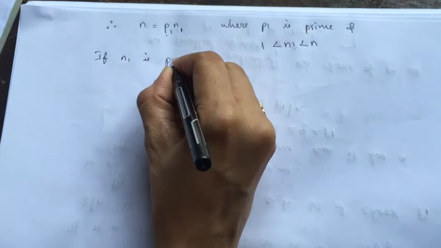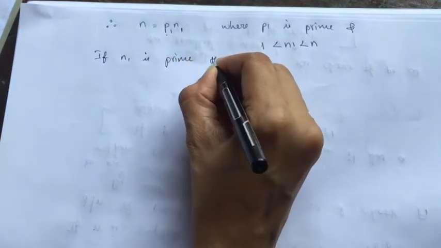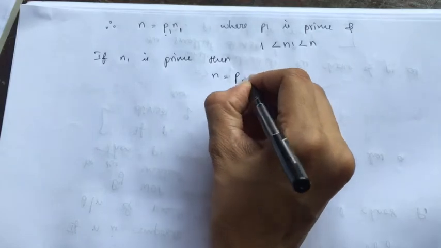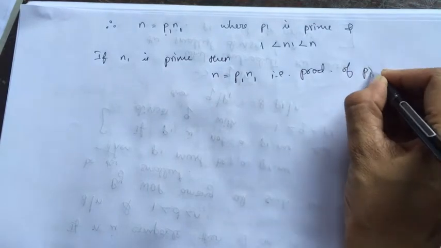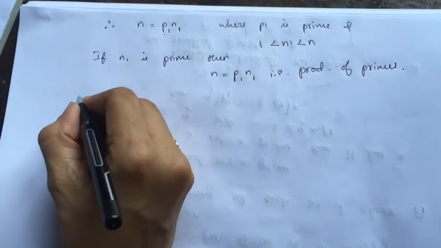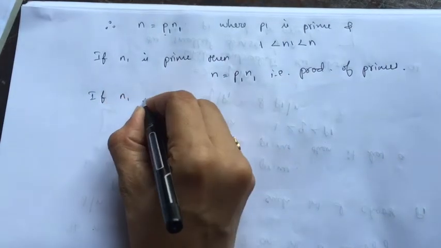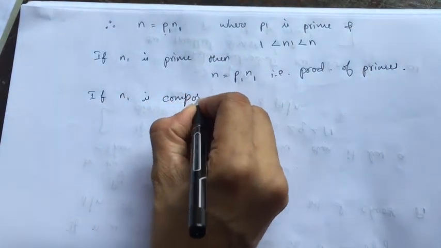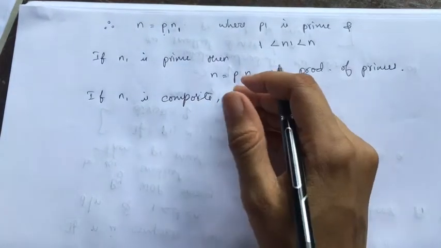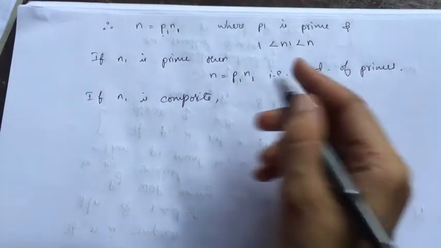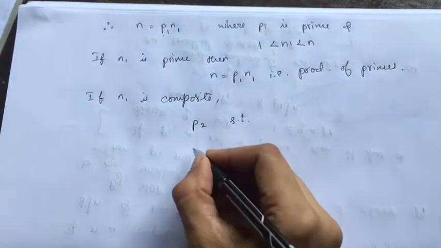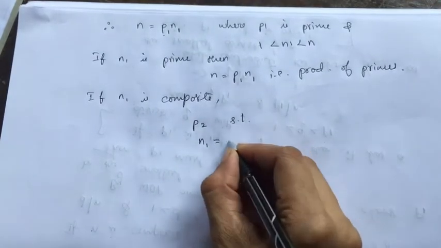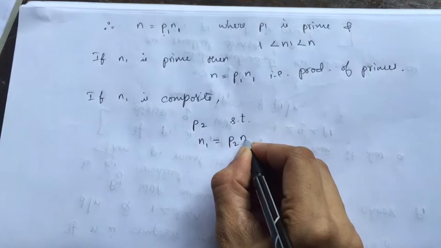Okay, if N1 is prime, then we have N equal to P1 N1, that is a product of primes, right? So no problem. If N1 is not a prime, means if it's a composite number, then we have to repeat the arguments to produce a second prime number, say P2, in such a way that N1 is equal to P2 into N2.